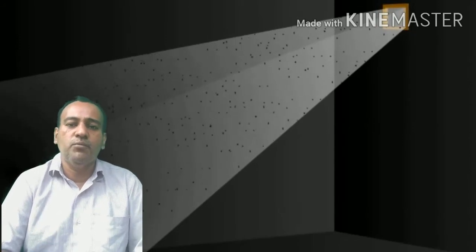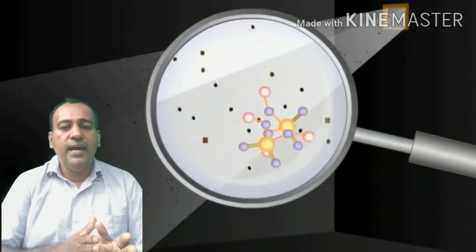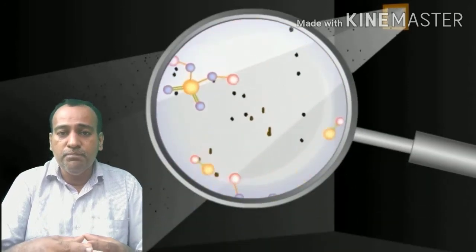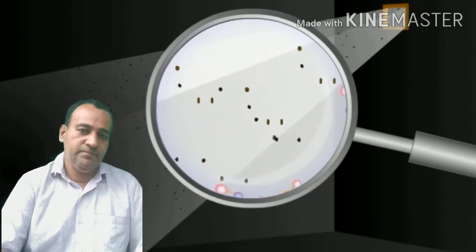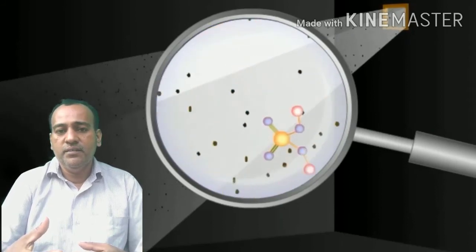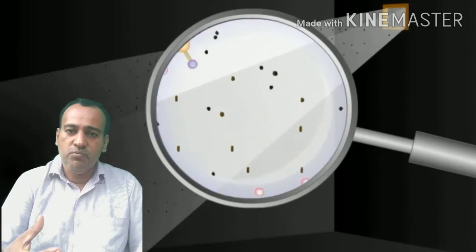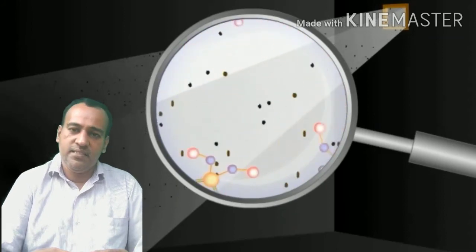Why does this Brownian movement take place? The reason for Brownian movement is the unequal bombardment of the dispersed phase by the dispersion medium. The dispersed phase is moving, and the dispersion medium is also moving. Both collide with each other.